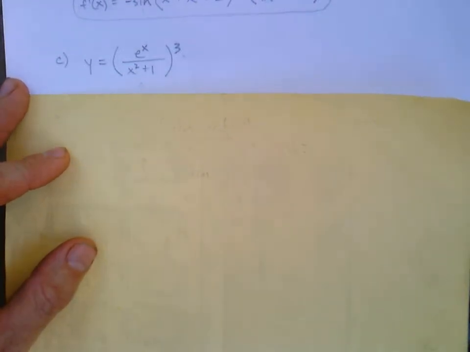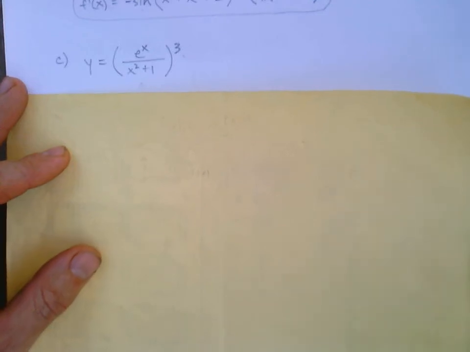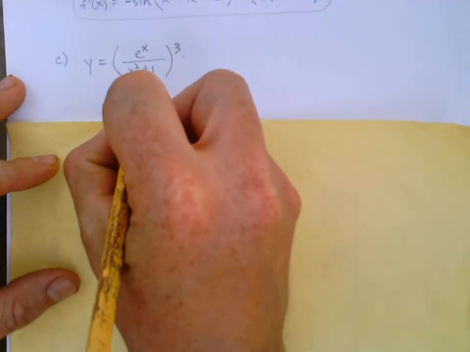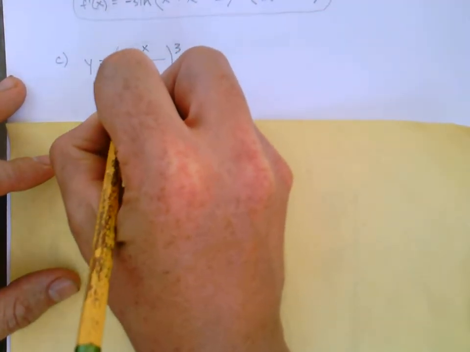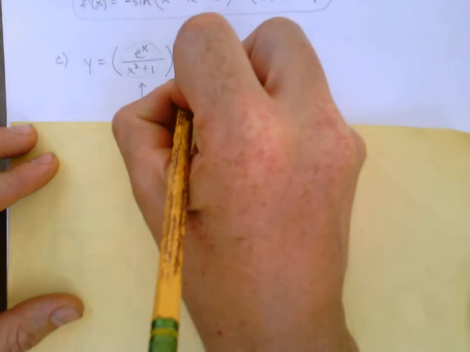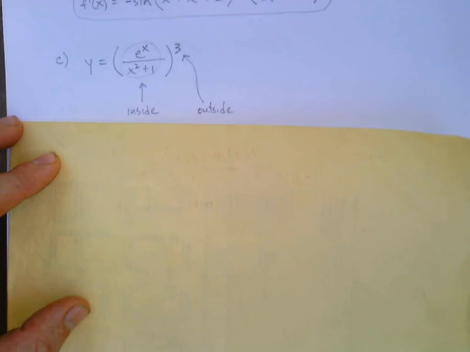All right, so first thing you want to do is identify the inside and identify the outside. The inside, of course, here is everything that is inside the parentheses, all of that. And the outside is the third power.